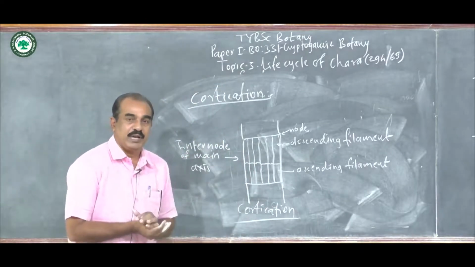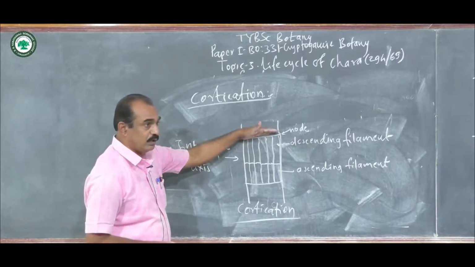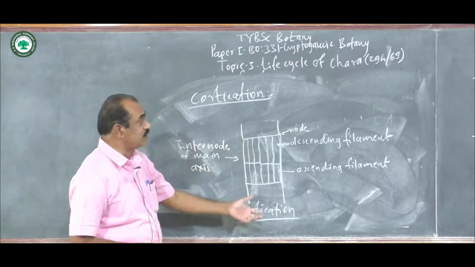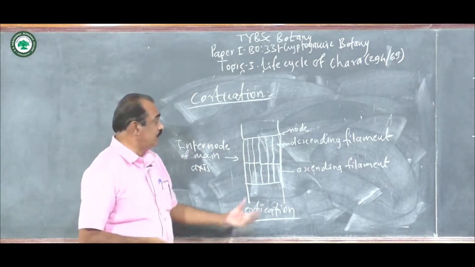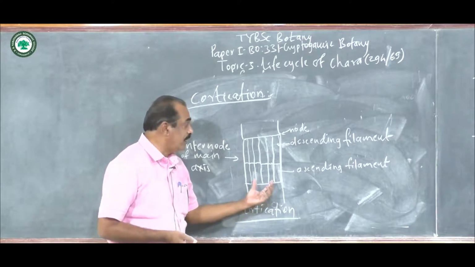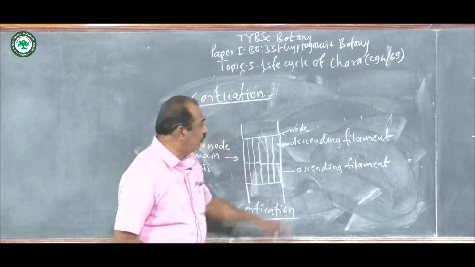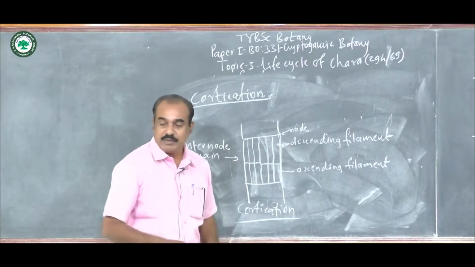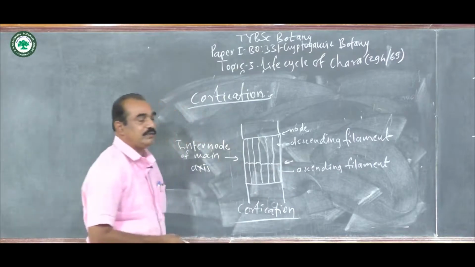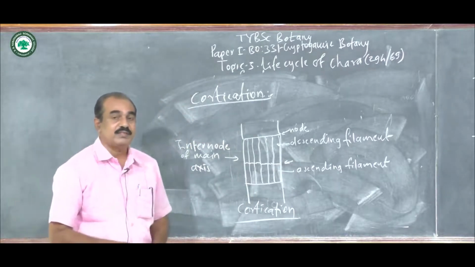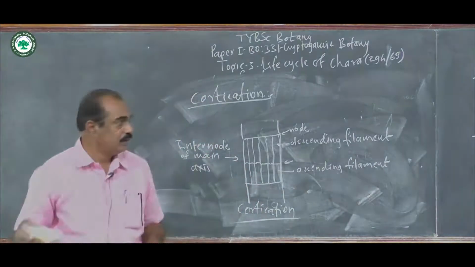Now there are some filaments. The filaments which develop from the upper node and go toward the lower side are called descending filaments. And some filaments which develop from a lower node and go toward the upper side are called ascending filaments. Both of these, ascending and descending filaments, meet at the center. And this structure is called the cortication. Generally, it is seen on the lower internodal region of the main axis only.